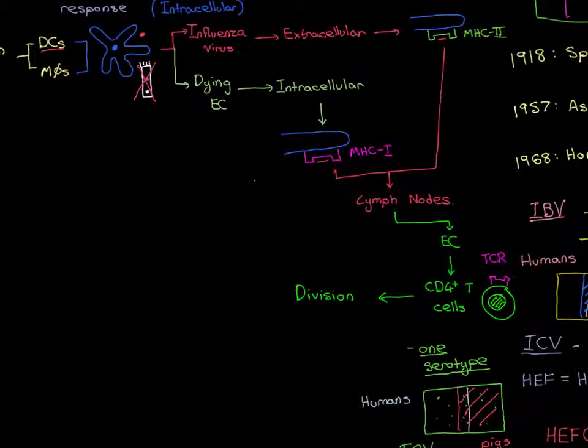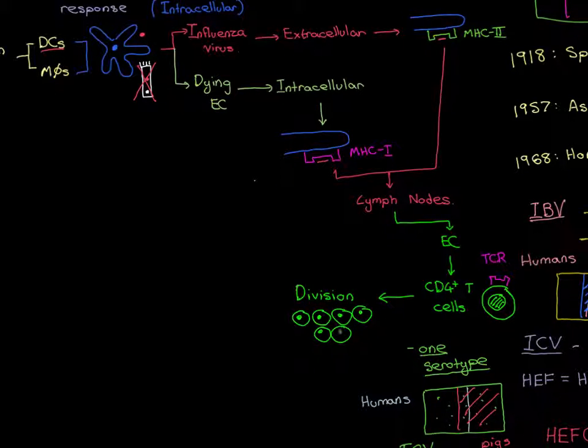This CD4 positive T cell is going to be useful for us. It is directed against a peptide fragment of one of the antigens of the influenza virus. It's going to be useful for getting rid of the influenza virus. So we make it divide so that we have loads of them. So let me show this here. Division is going to occur. Here's 1, here's 2, here's 3, 4, I'll draw a few more, 5, 6.